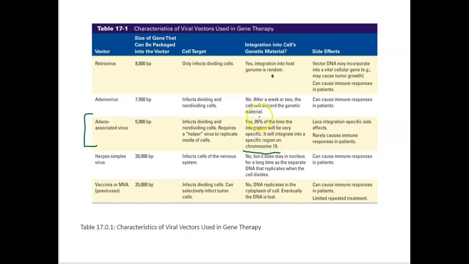So it says 95% of the time integration will be specific, but that's 95% of when it integrates. A large portion of the time it doesn't integrate, and after a few weeks the expression of your target gene goes down, and some of the time it integrates, and when it does, it usually does on chromosome 19.